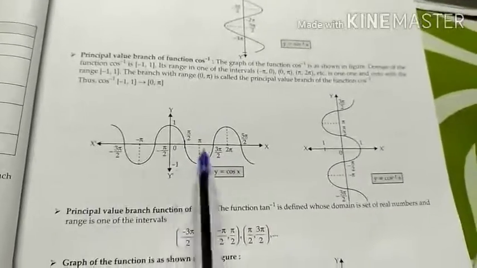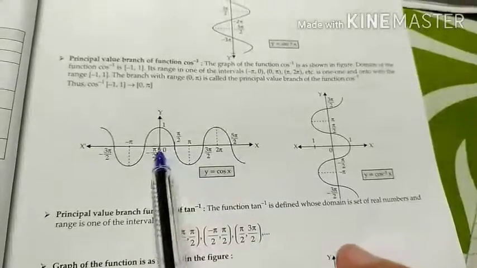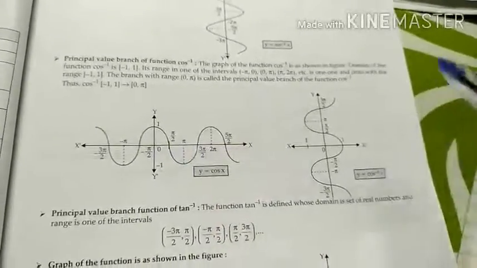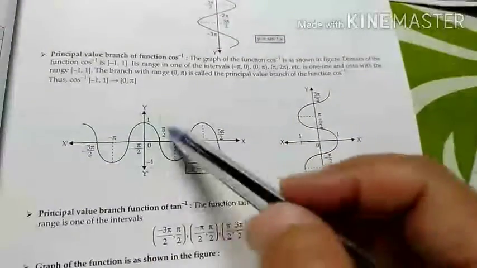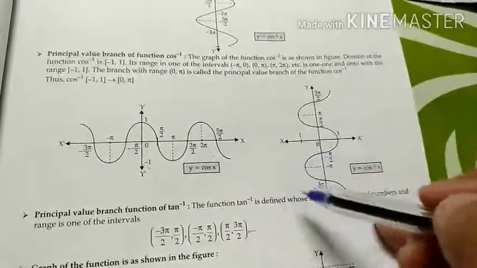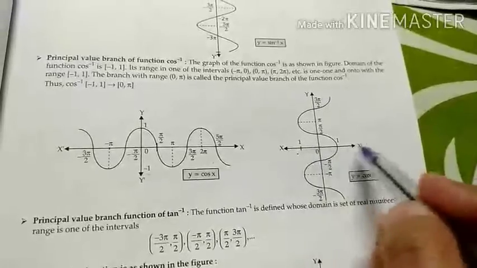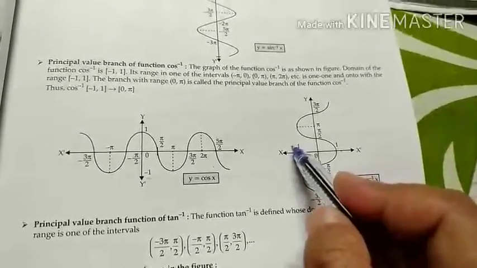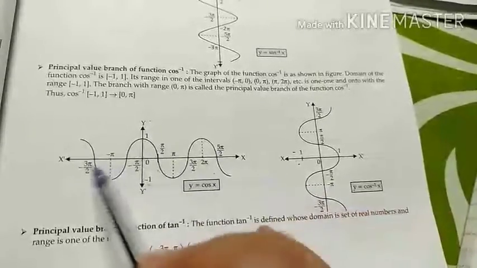Similarly, this is the cos inverse x function, which lies in this range 0 to pi. When we go with the cos inverse, the y axis becomes the range value, and here the independent value becomes 1 to minus 1, and the dependent value is the angle.